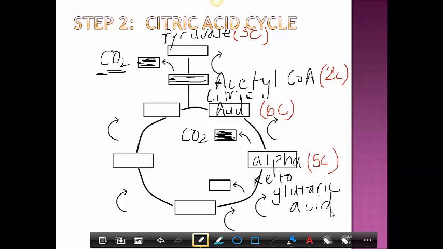All one word except for the acid. So alpha-ketoglutarate acid has 5 carbons. Again, we got to that point by pulling off a carbon and joining it with oxygen to make carbon dioxide.